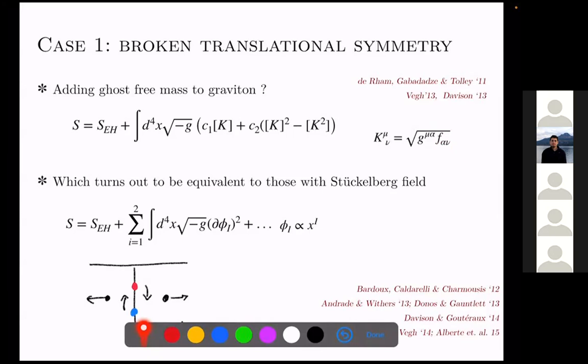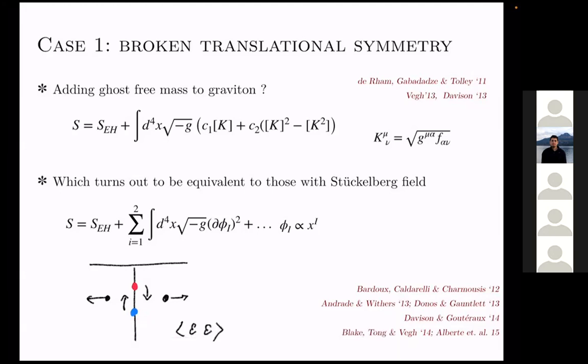But actually, it turns out that there is an equivalent way to do this by using something called a Stueckelberg field. Instead of breaking the symmetry explicitly with this field, you use a scalar field, where the scalar field is proportional to the spatial direction. So it's kind of like an axion, but not really. It's more like a linearly dependent scalar field, which you can add.